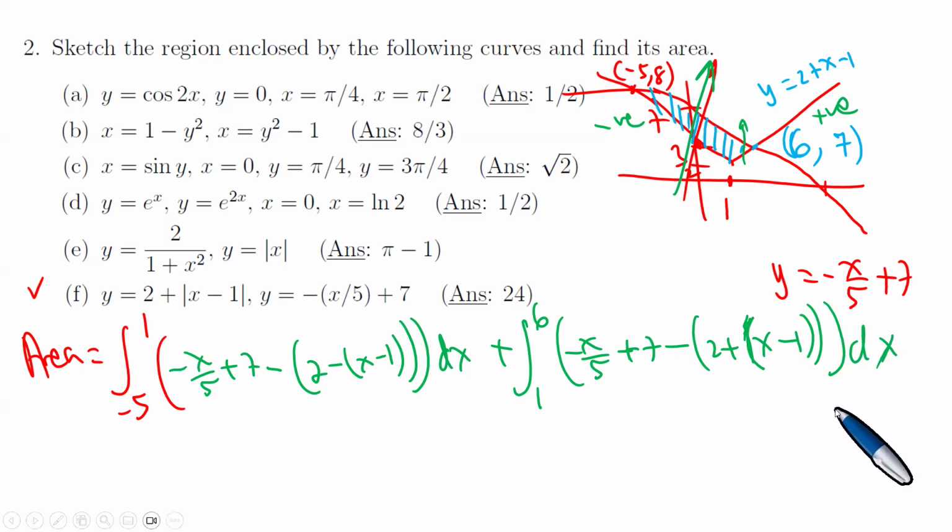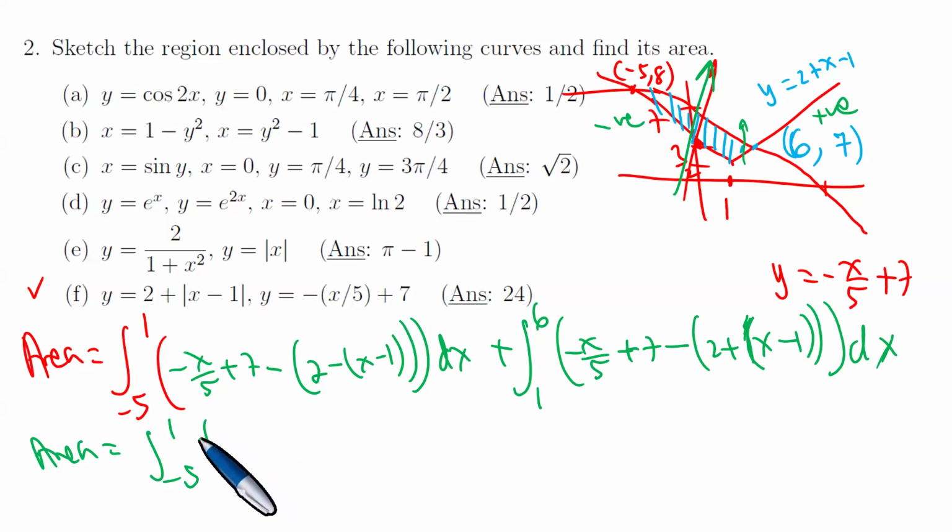Okay, take a look at this and think. Right, so the area, minus 5 to 1. So we continue. If we continue, we get minus that: minus x over 5 plus 7 minus (2 plus x minus 1).